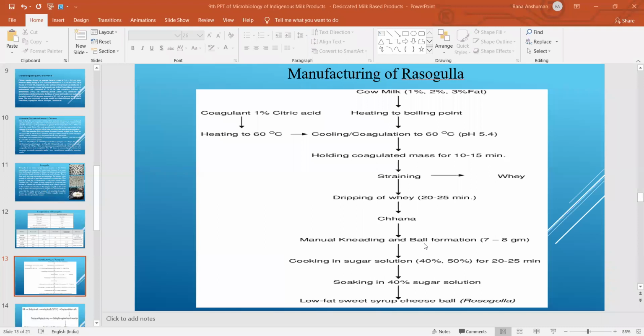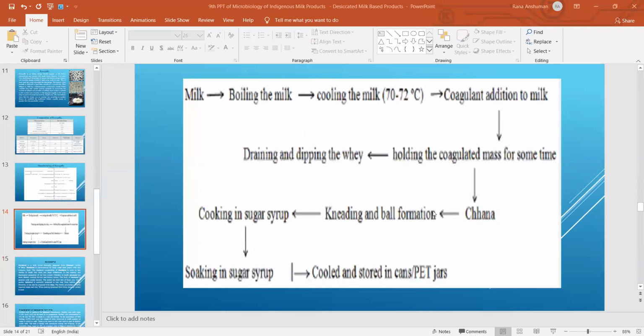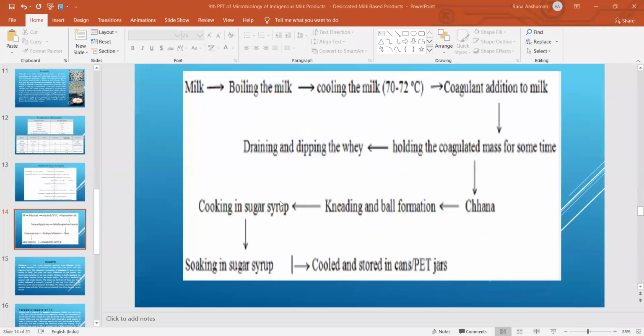Thereafter, soaking in 40% sugar solution, and the low fat syrup, sweet syrup cheese ball that is called Rasgulla will be prepared. So these are the different stages of manufacturing of Rasgulla, and ultimately it will be packed in different kinds of cans or different kinds of jars.